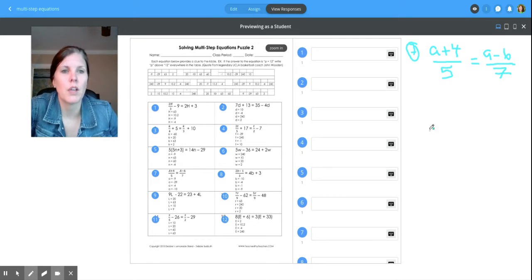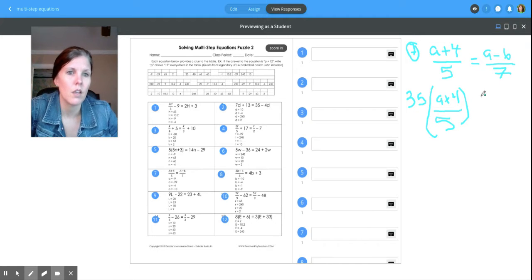So I'm going to multiply this whole equation by 35. Both sides. 35 times (a plus 4) over 5. So both sides of this equation are going to get multiplied by this 35, equals 35 times (a minus 6) over 7.